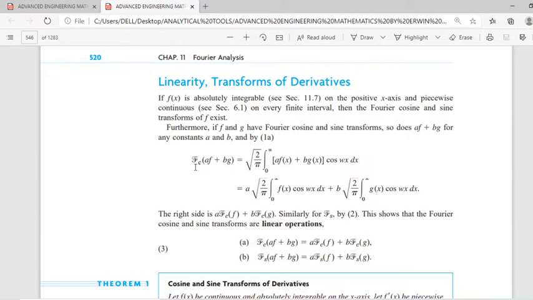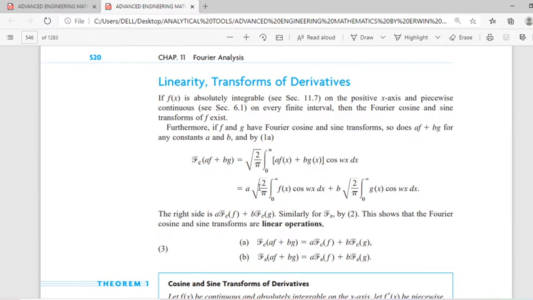So what is the Fourier cosine transform? Fc of af plus bg is equal to root of 2 by pi integral 0 to infinity of the function af of x plus bg of x, into cos wx dx. You can multiply each term and take the constant outside.